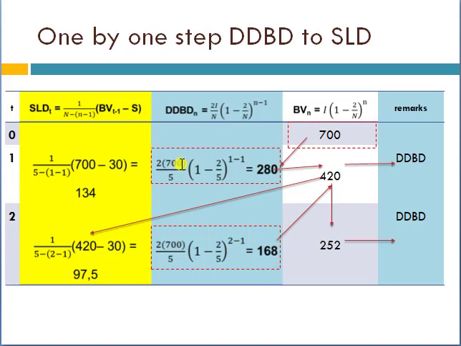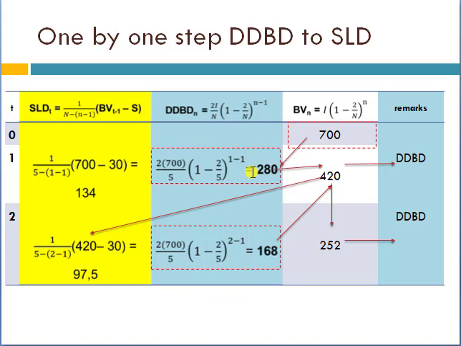And now let's apply another formula in the same period using the double declining formula. Just do the same action, just change the little n with number 1, and it results in 280. Since the DDBD value is greater than the SLD depreciation, 280 versus 134, now we are going to use the depreciation value in the DDBD formula.